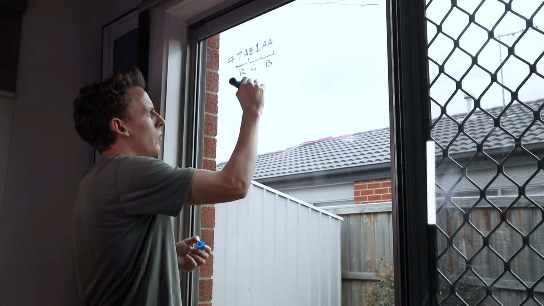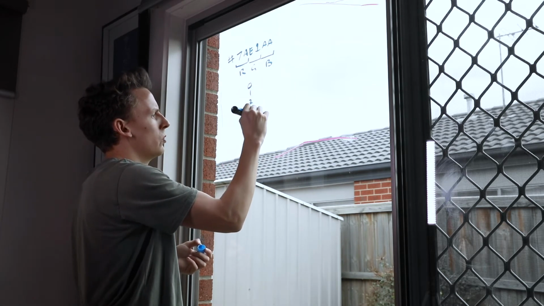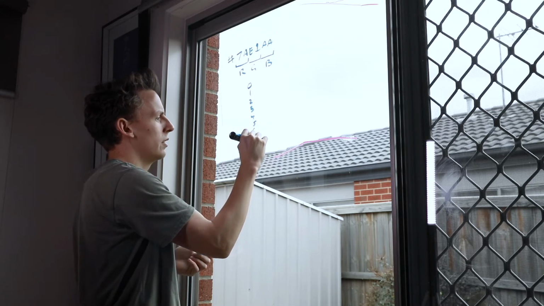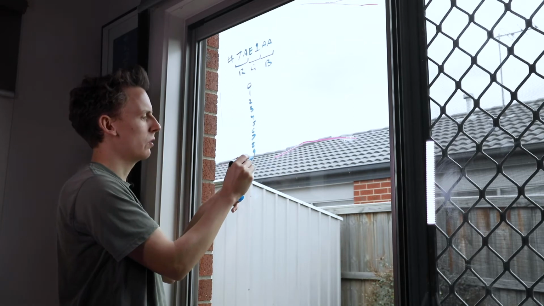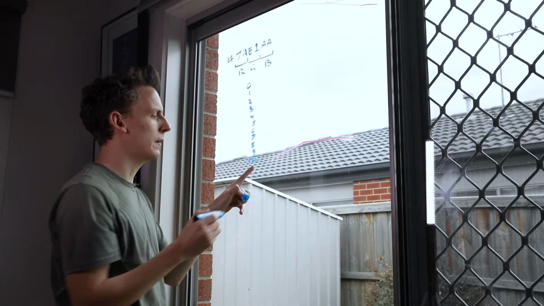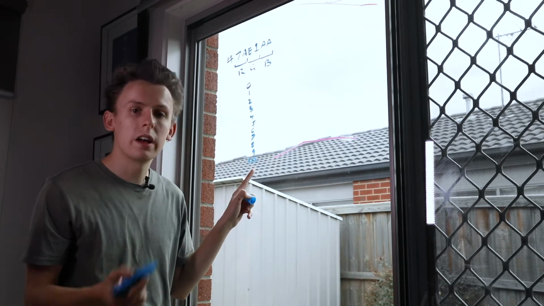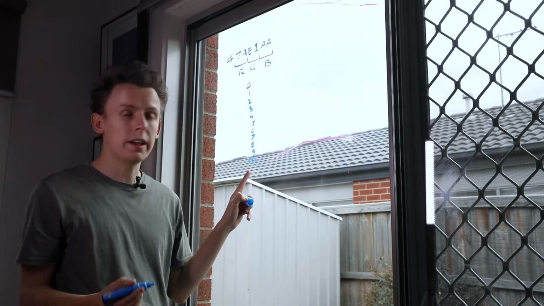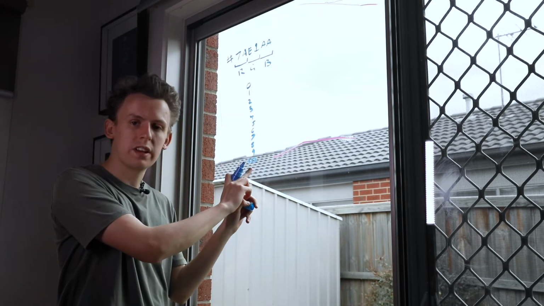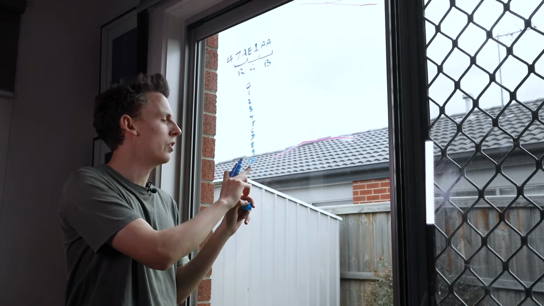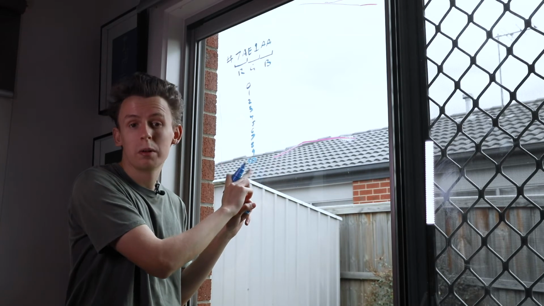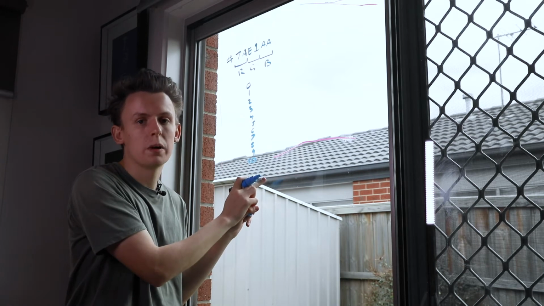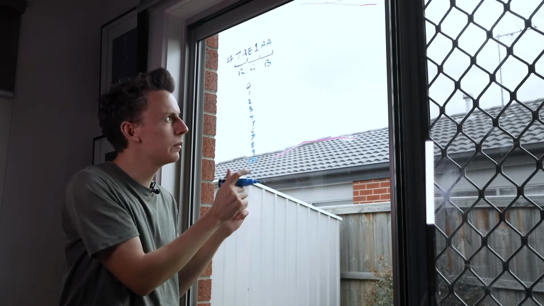Here we would have 0, 1, 2, 3, 4, 5, 6, 7, 8, 9, and when we get to 9, we've run out, so we have to go to 0 again and put a 1 here. You can tell what base a counting system is by what 10 represents. 10 here represents 10, whereas the 1, 0 in base 16 represents 16. The 1, 0 in binary, for example, represents 2.